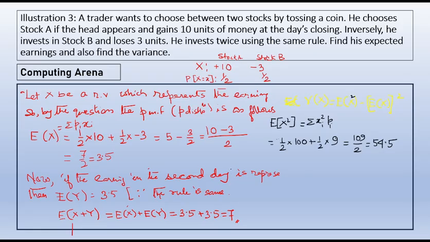Now variance of x is equal to expectation of x square minus expectation of x whole square.